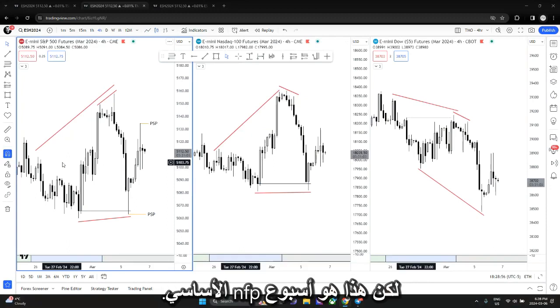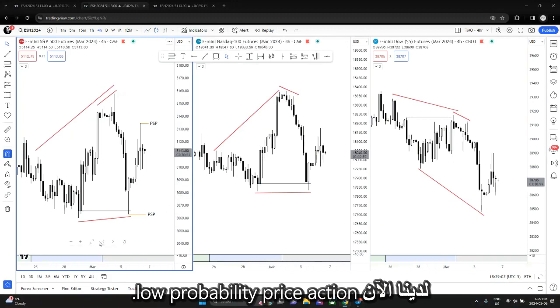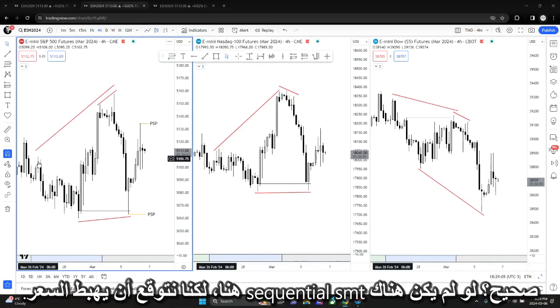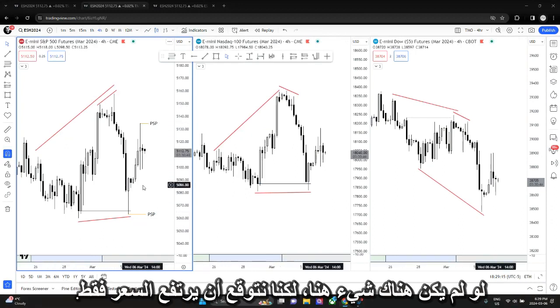But this is basic NFP week, and this explains why now we have low probability price action. If there was no sequential SMT here, then we could expect price to just drop. If there was none here, we could expect price to just rally.